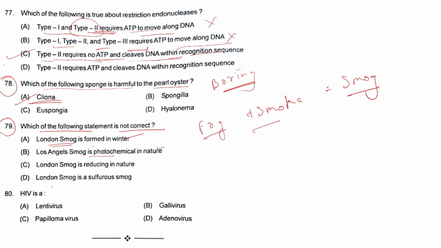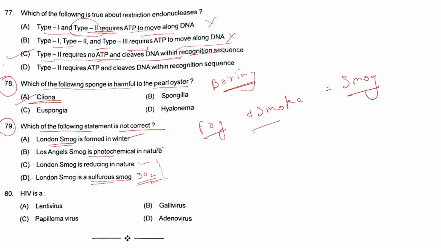This is also correct. London smog is reducing in nature. Yes, it is reducing. And London smog is sulfurous smog. Yes, it contains a high amount of sulfur dioxide. So it is sulfurous in nature and it is generated due to coal burning. That is why it is reducing in nature as well. So A, C, D, all are actually correct options.